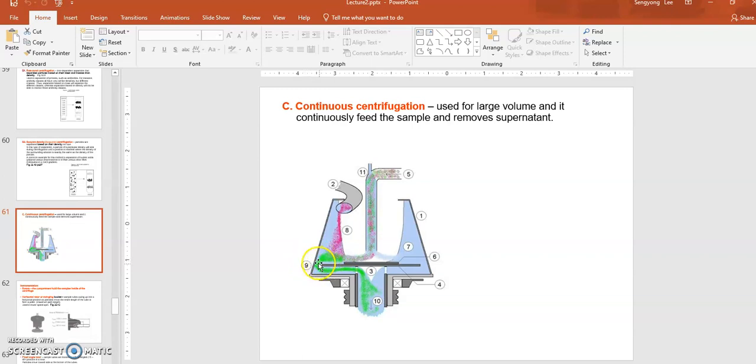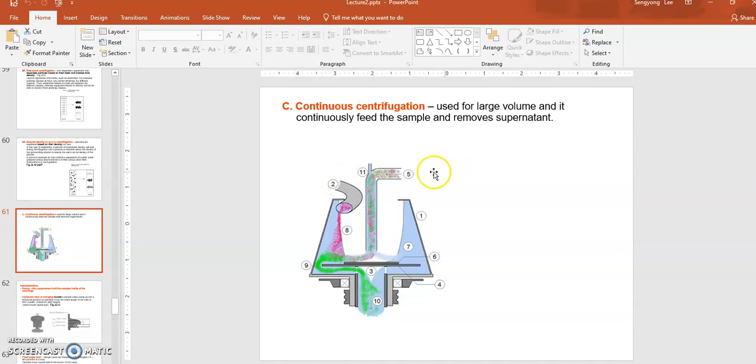Since there's a gap there, they'll go through the hole and be collected here, the large heavy stuff. Continuous collection of that pellet will take place, and the light things floating as supernatant will go over there, and the excess volume will be captured through here. Number 2 is the tubing where the supernatant will come out continuously, right?